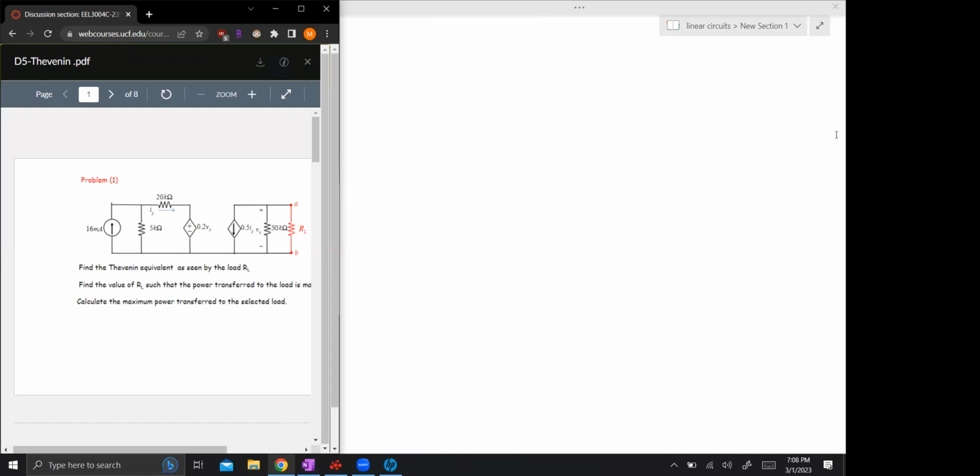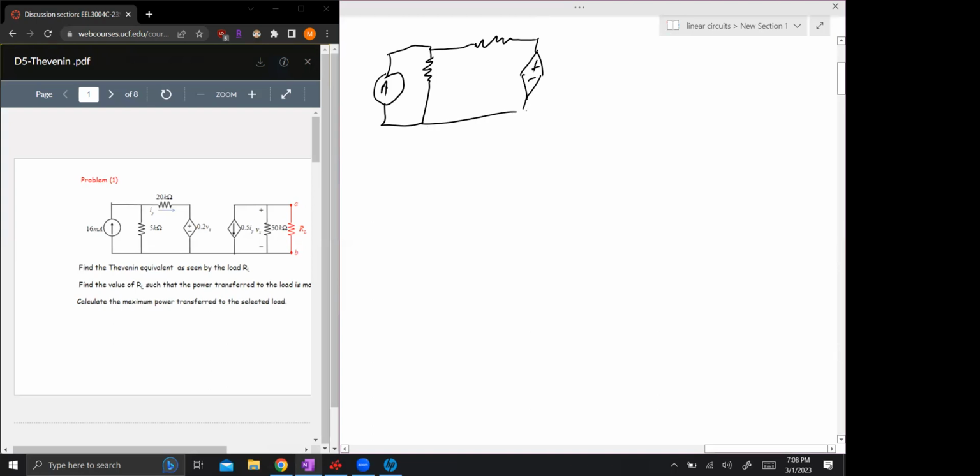Okay, so first, when we draw out the circuit, we are going to want to see the perspective of where our Thevenin circuit would be built off of.